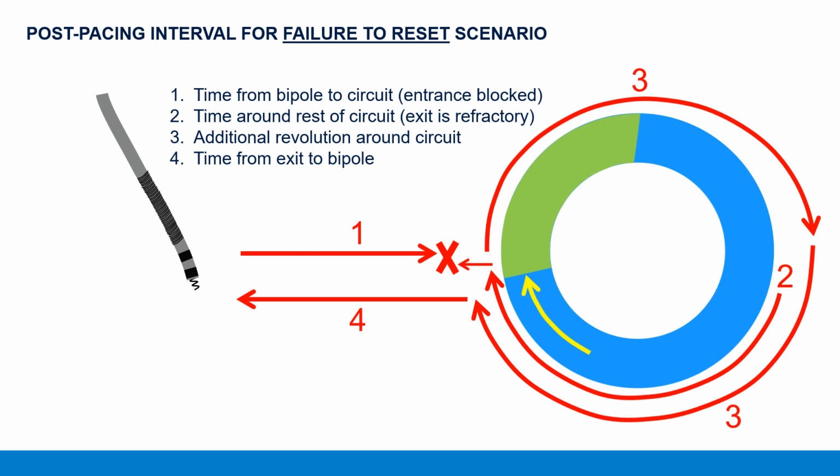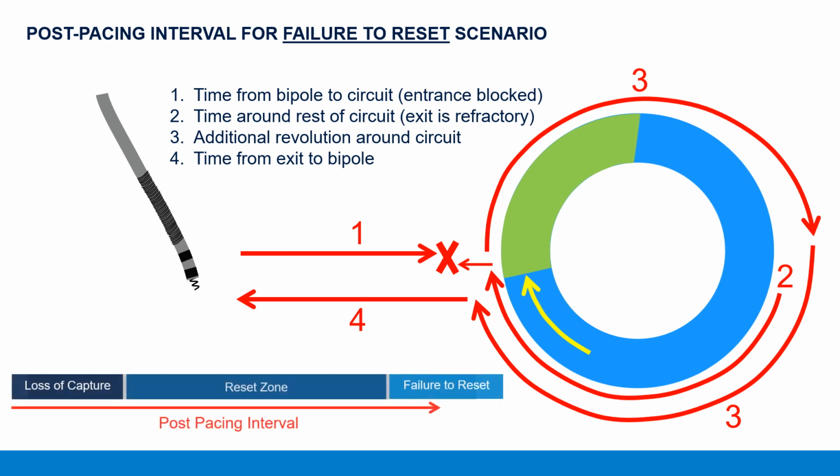If you look at these steps, you're going to see the sum total is going to be a longer post-pacing interval. And we're going to use this yardstick here at the bottom to show the 3 zones and how they're going to be interpreted in terms of what must have occurred with that last pacing pulse. Here, a long post-pacing interval signifies a failure to reset.